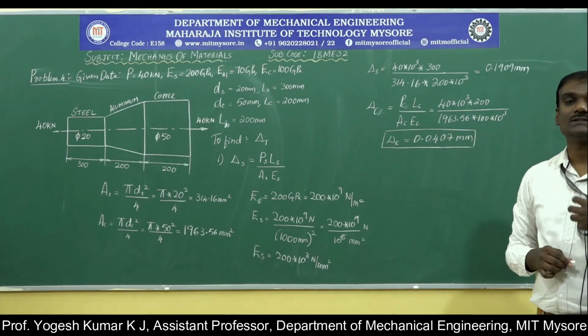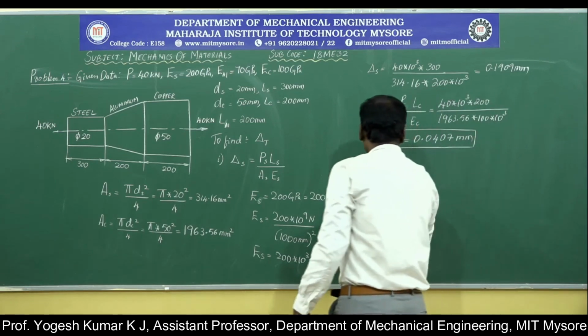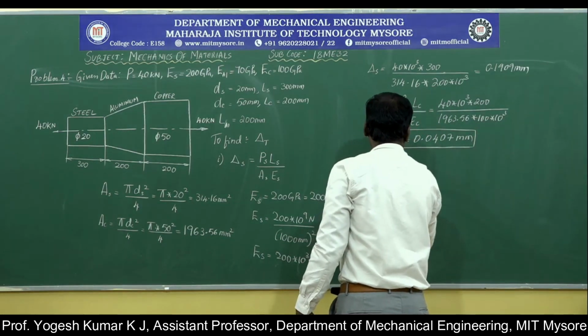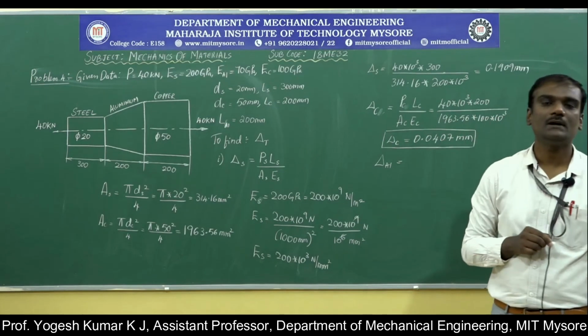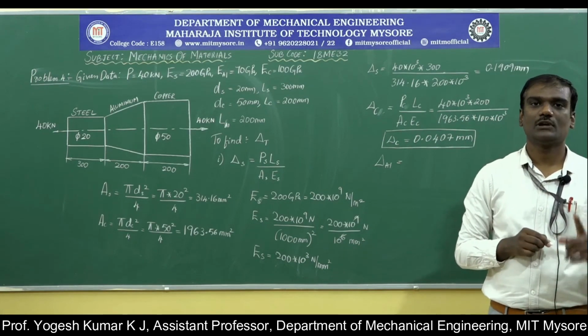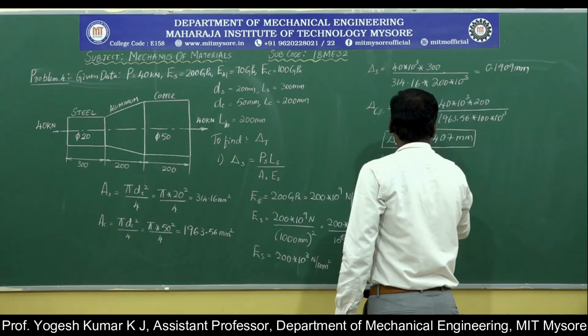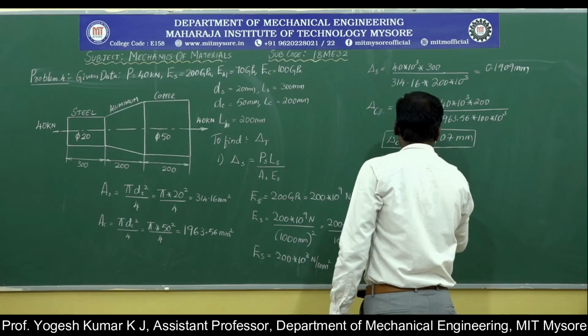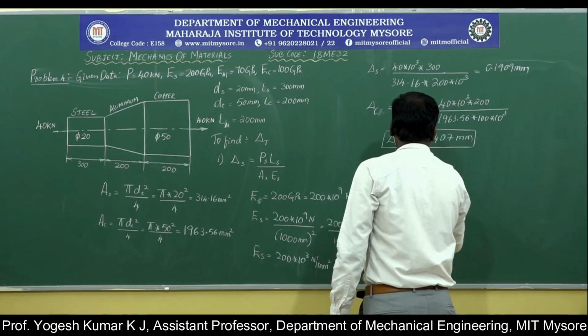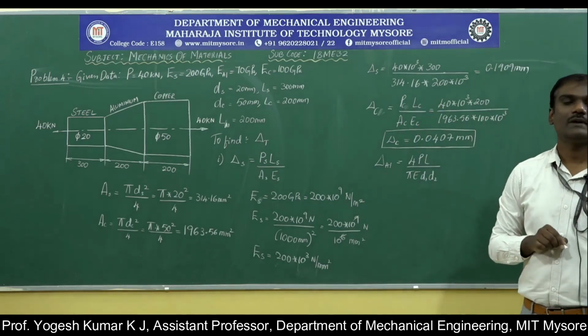Let us see what is the elongation of the tapering section. The tapering section is for aluminium, and please remember, just look into the list of formulas we have written. For a tapering circular rod, the expression for elongation is 4PL divided by pi E d1 d2. This is a general expression that we have derived.